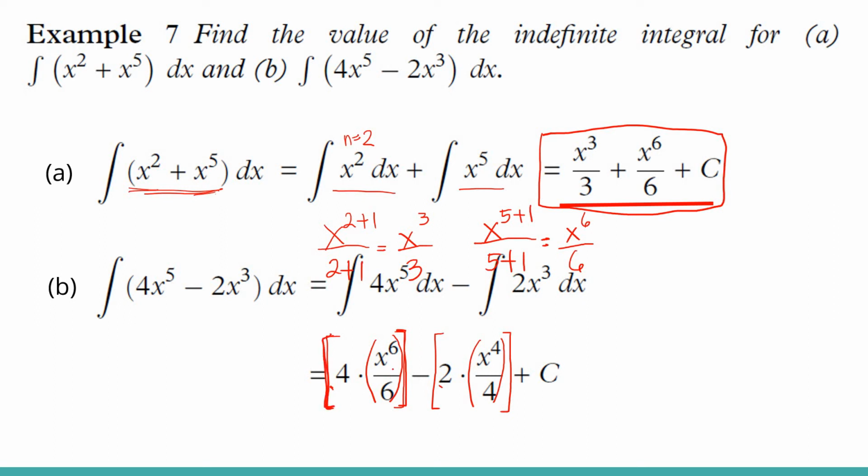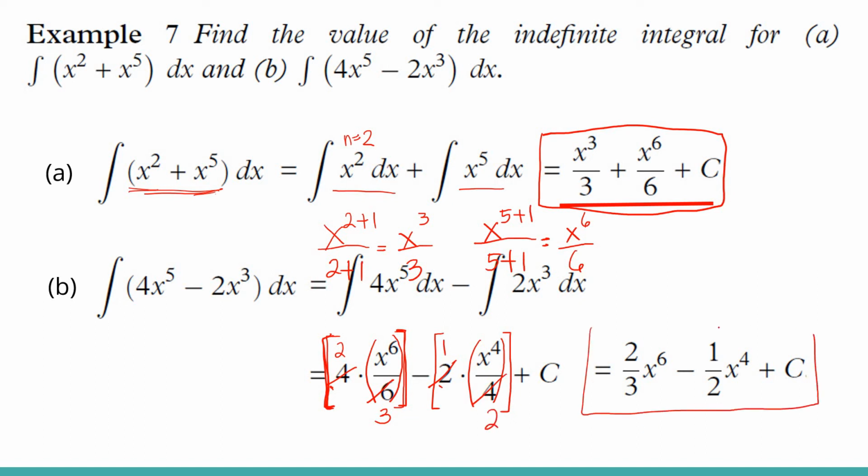So, you still need to simplify this one to get the final answer. So this is 4 and 6, 3 and then 2, and this one, 2 and then 1. So that's why the final answer is 2 over 3 times x raised to the power of 6 minus 1/2 times x raised to the power of 4 plus c.